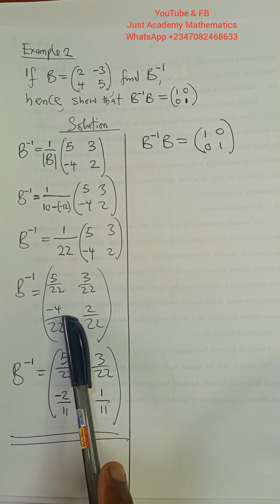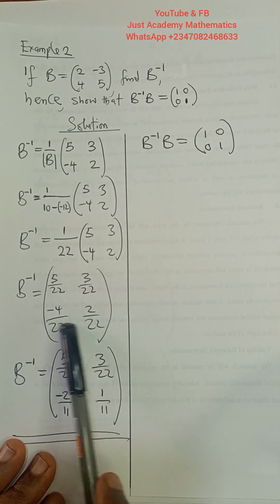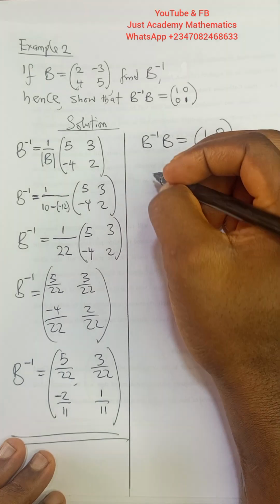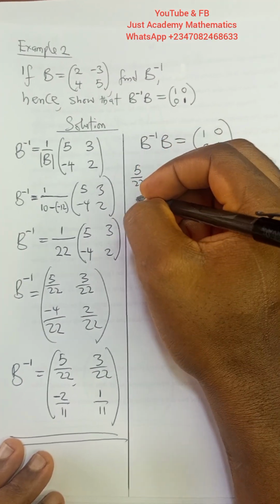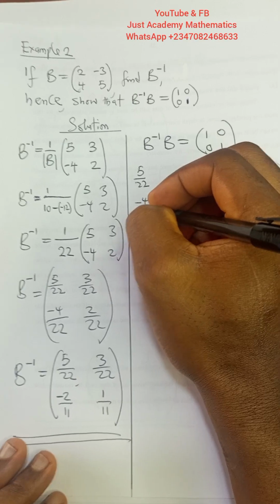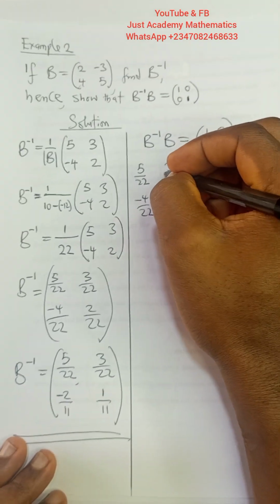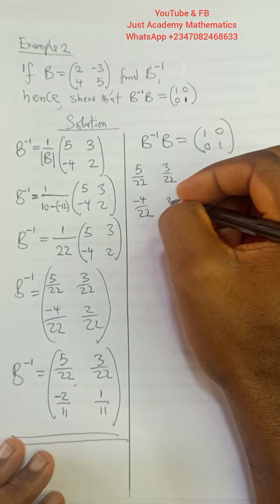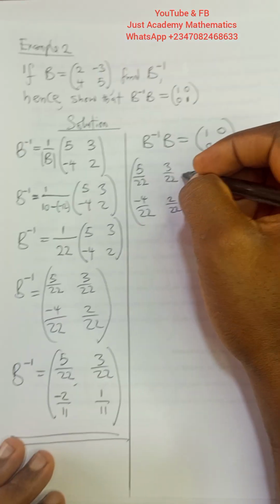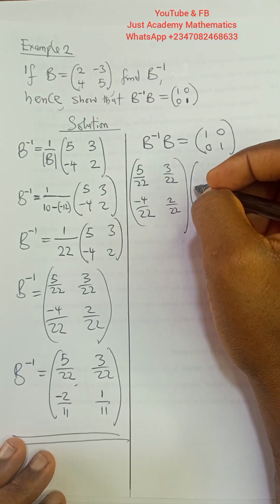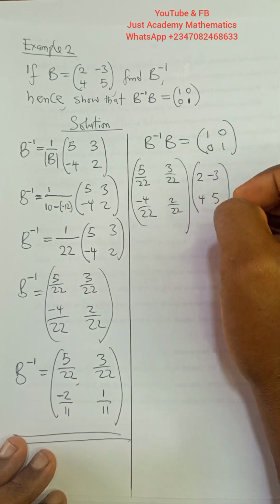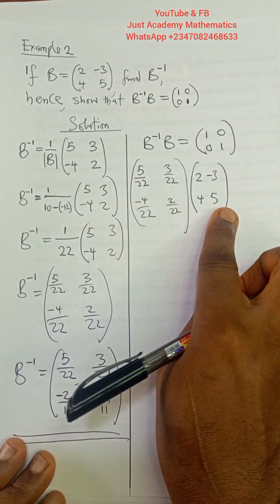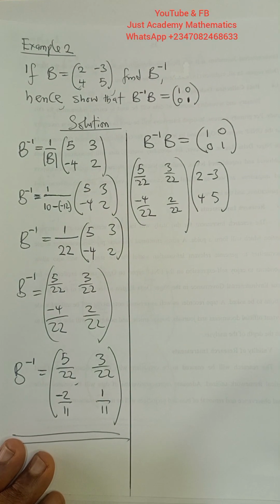Let's pick the B inverse from here where they have a uniform denominator. So B inverse is 5 over 22, minus 4 over 22, then 3 over 22, and 2 over 22. This is B inverse times B. What is B? 2, minus 3, 4, 5. Let's see if these 2 will give us this. That is what we want to prove.